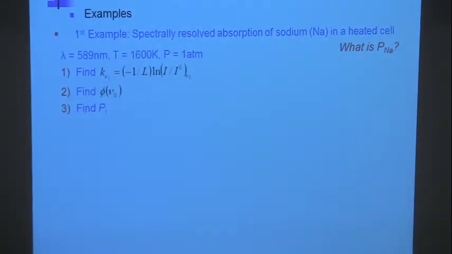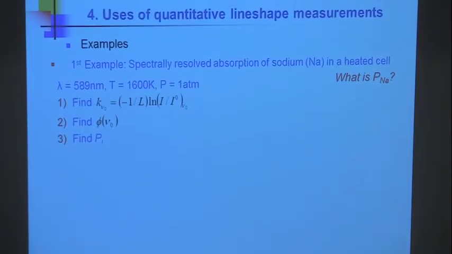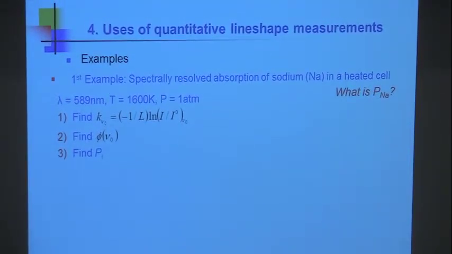Okay, some examples. Here's an example: sodium atom, high oscillator strength, 1600 degrees Kelvin. The question is, we have a heated cell, we know the temperature, we know the total pressure, what's the partial pressure of the sodium?